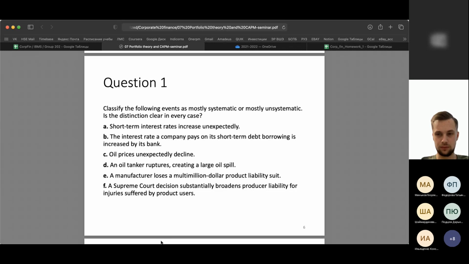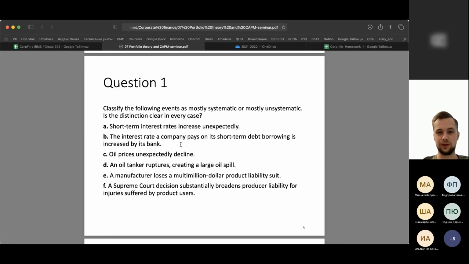So I think it is unsystematic, because systematically our short-term debt borrowing decreases. Maybe I'm not right, maybe I'm speaking about another thing, but again, systematic is about what is affecting all the companies in the market. Yes, unsystematic is the specific risk of some company.